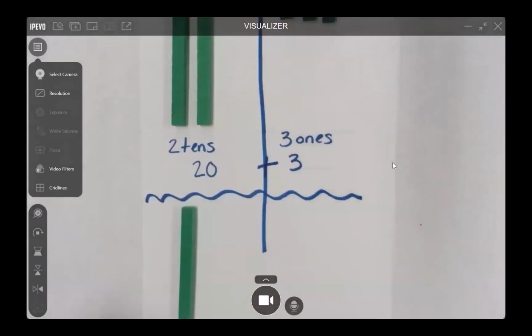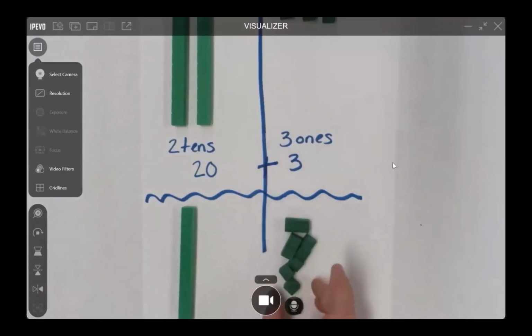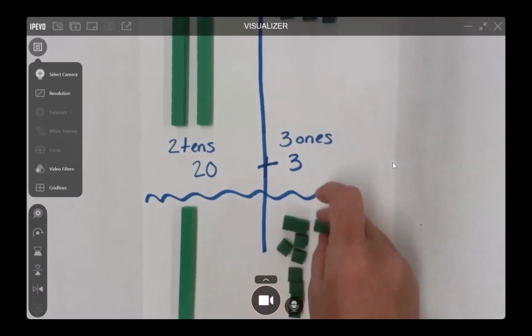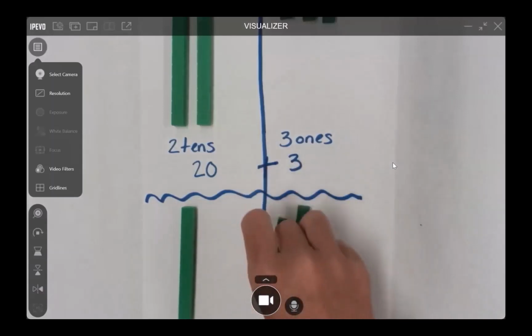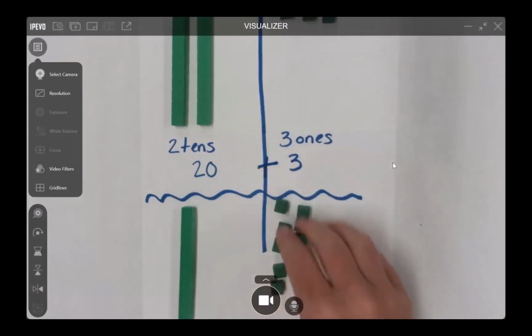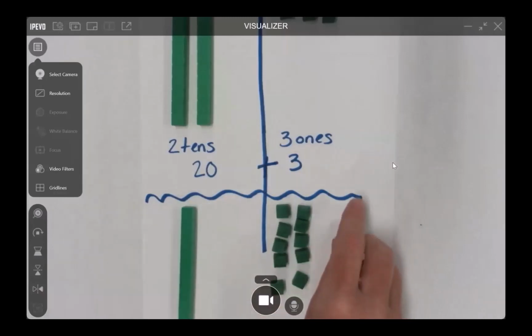And instead of that 10 rod, I'm going to put 10 ones, 1, 2, 3, 4, 5, 6, 7, 8, 9, 10. Let's get that to fit just a little bit better. 10 ones. And then I still need the 3 1s.